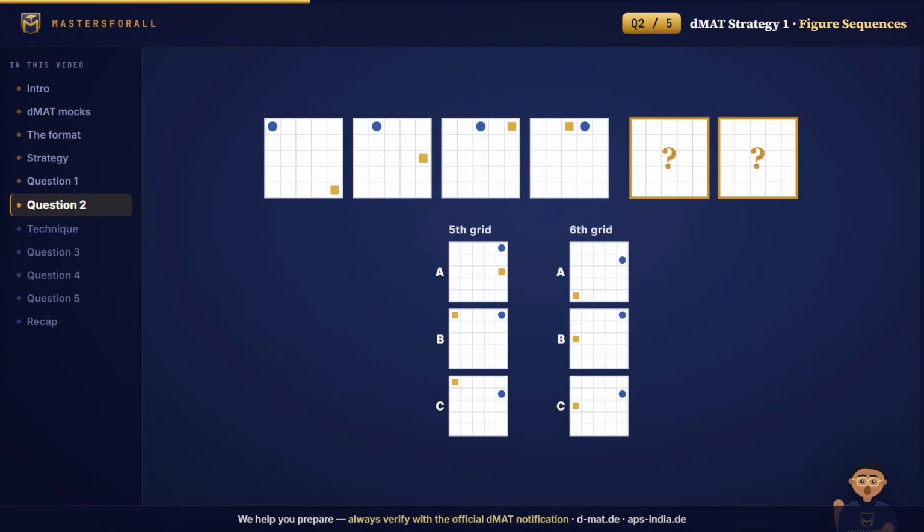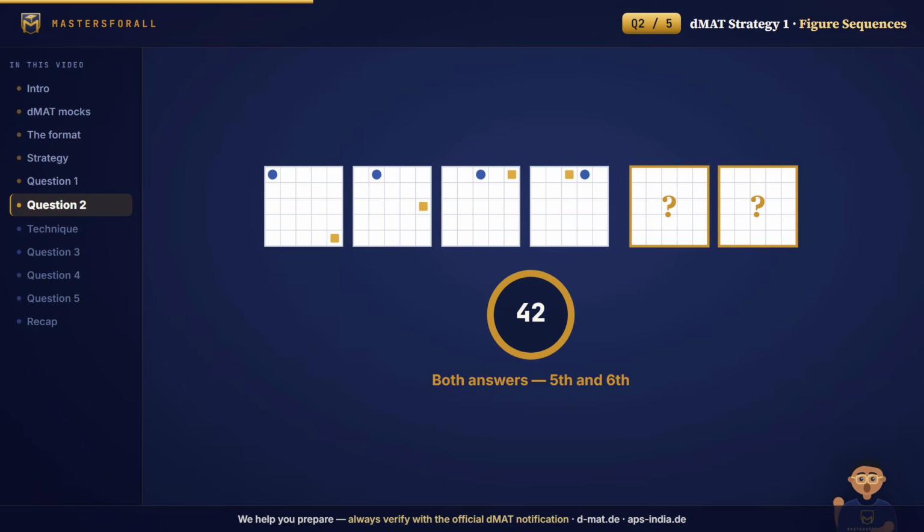Question 2. 2 figures this time, a blue circle and a gold square. Track them separately.